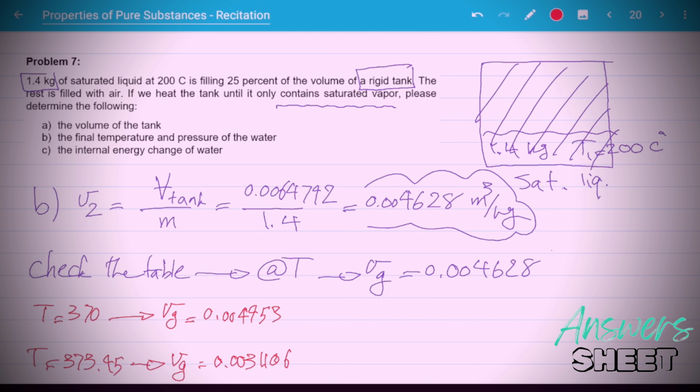Now, the specific volume that we have, this number right here, falls in the middle.